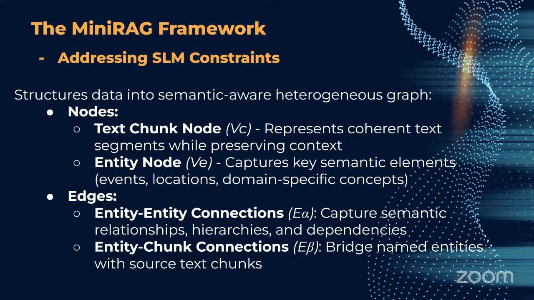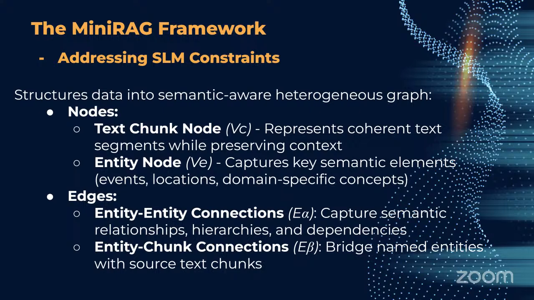And then between these nodes are edges or connections, and these will take one of two types as well. Either entity-entity connections, which capture the actual semantic relationship between two nodes. In this instance, you can think of this as, say, you have two location nodes, maybe they're listing two restaurants. This might include information about the spatial distance between these two restaurants, but also whether or not in the documents themselves a hierarchy has been established.